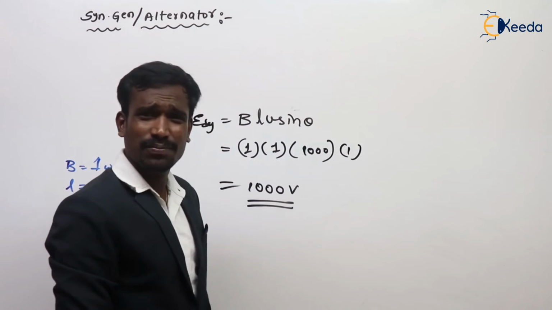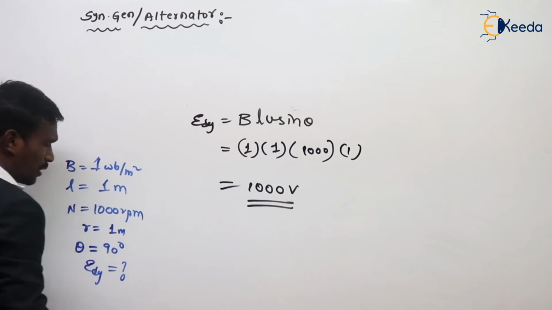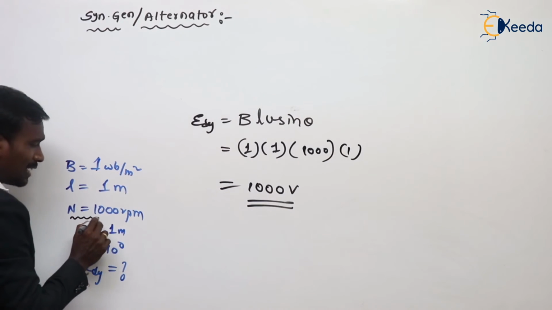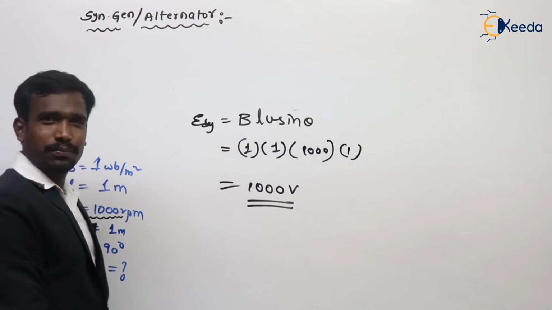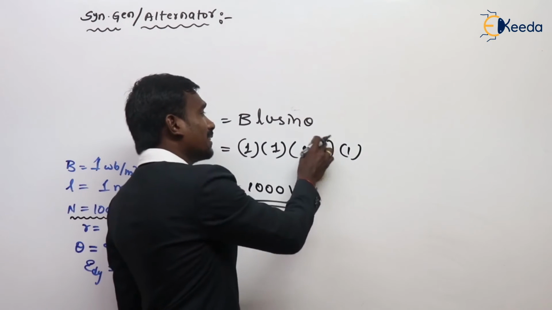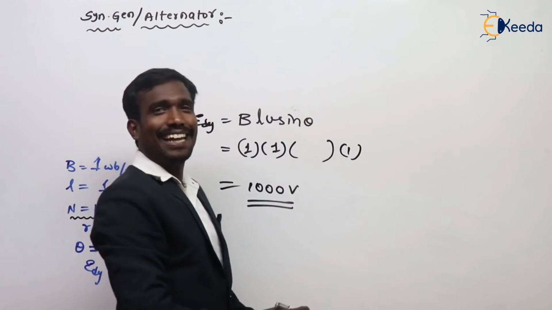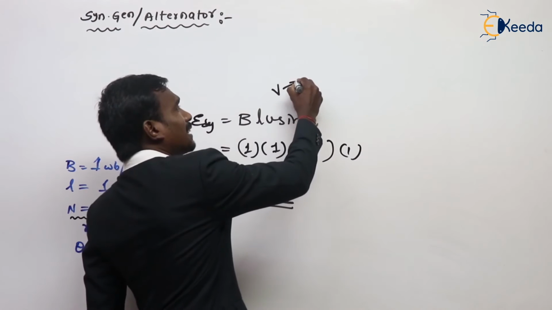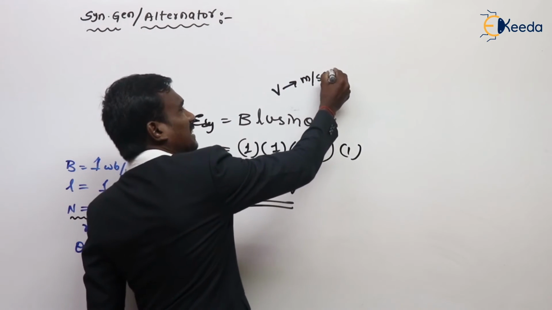Is it correct, what I gave you? I gave you the speed of my rotor as 1000 rpm. But here they want the velocity. Velocity is nothing but meters per second.